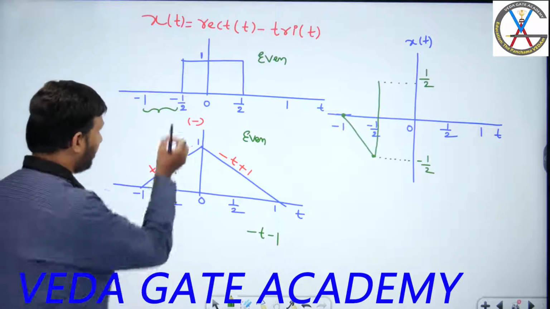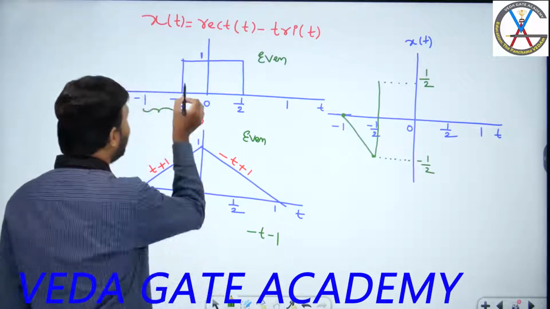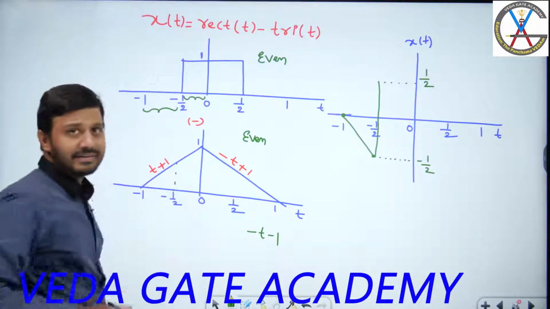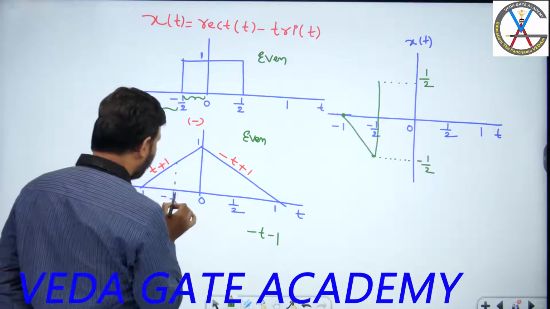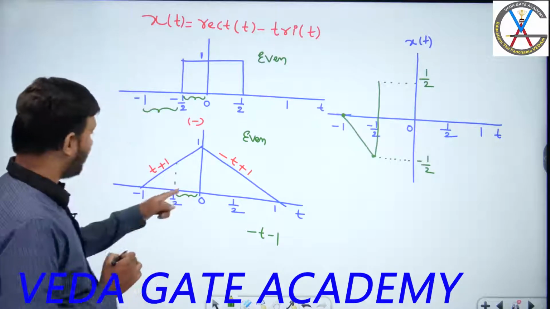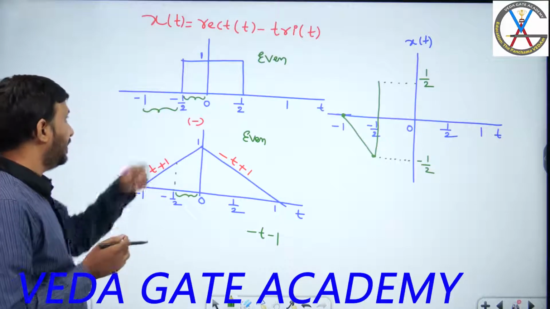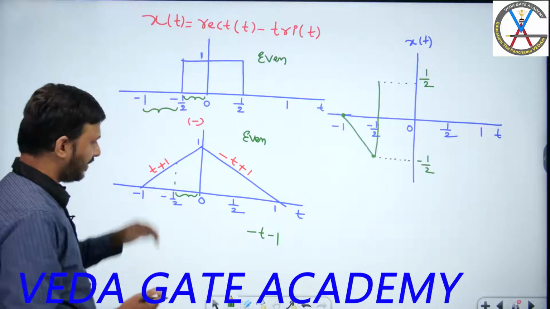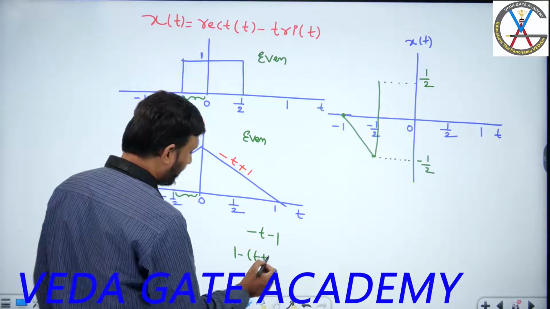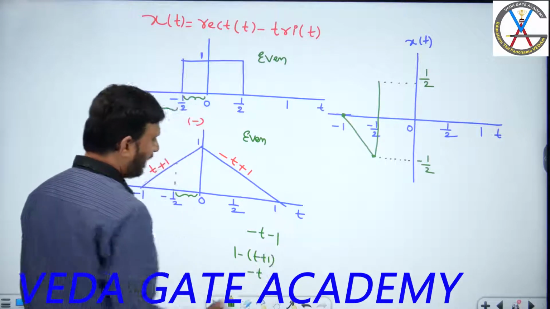Now immediately after minus 1 by 2, from minus 1 by 2 to 0, from this point to this point, this signal is 1 and this signal is t plus 1. What will happen? 1 minus of t plus 1 is nothing but minus t.